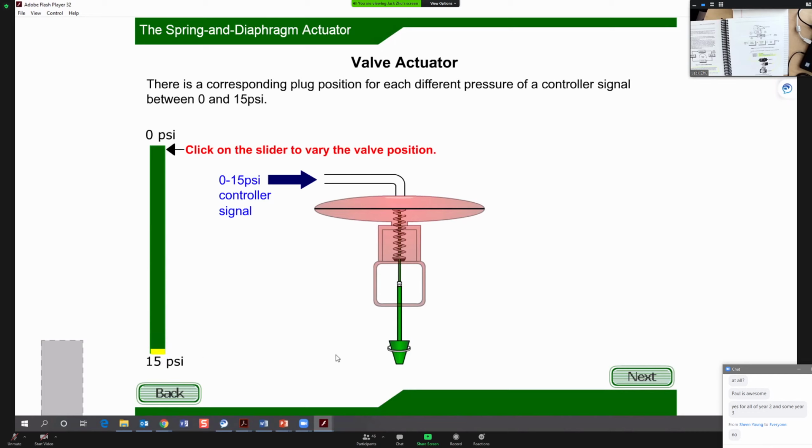So that's the maximum pressure, and the plug is at its lowest position. The plug is attached to this stem. If you release the pressure, the plug is gonna go up. So usually at 3, it should be fully open.